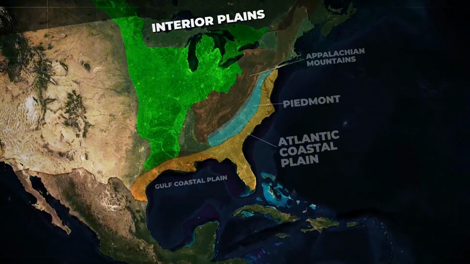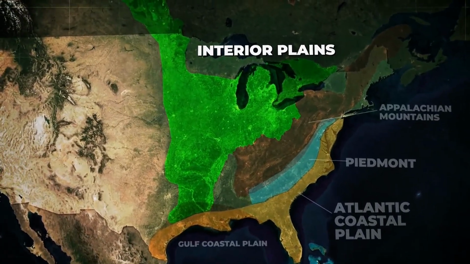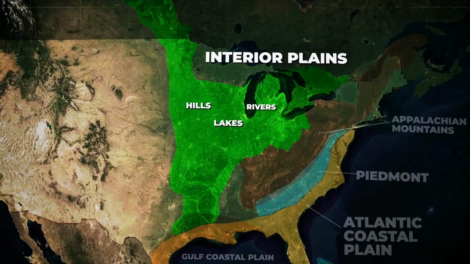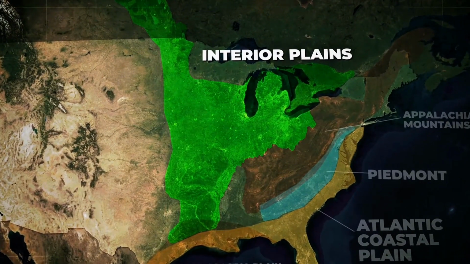Now we move to the interior plain, west of the Appalachian Mountains. This central interior area is full of hills, lakes, and rivers. This region covers parts of the interior continental area of the country. It includes the Great Plains and the Tallgrass Prairie region of the US.